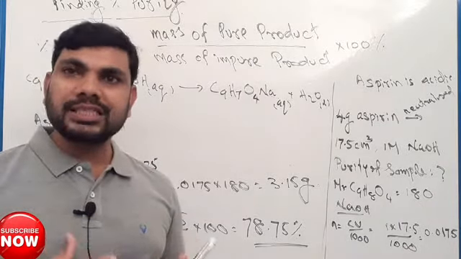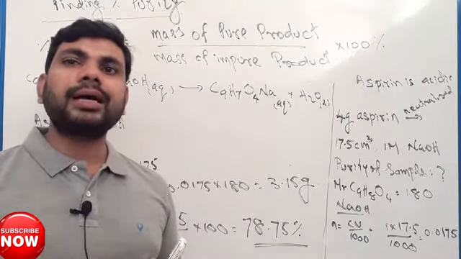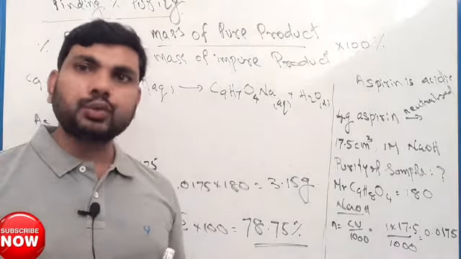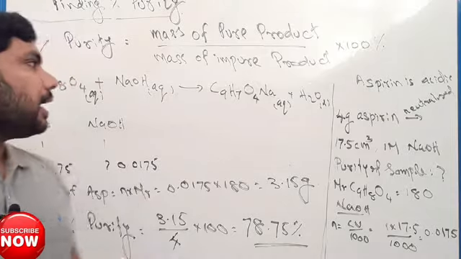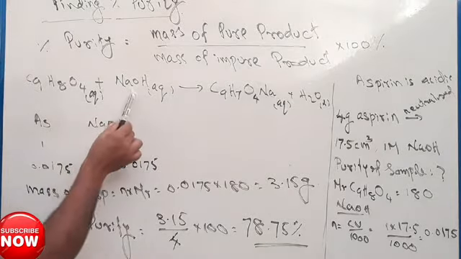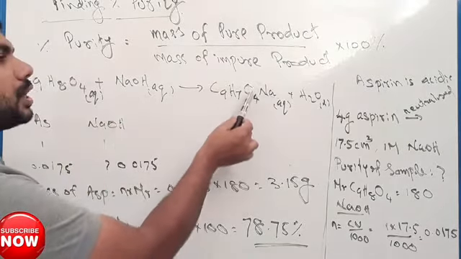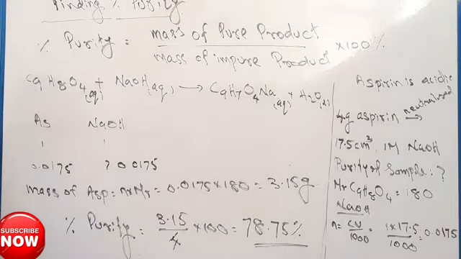Aspirin is acidic and it will neutralize, it will react with the base. It will react with sodium hydroxide. Aspirin reacts with the sodium hydroxide and it produces salt and water. So using this equation, it is given in the question.